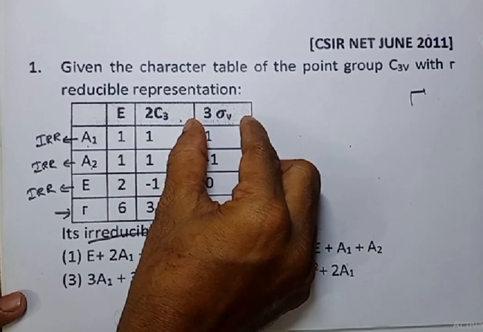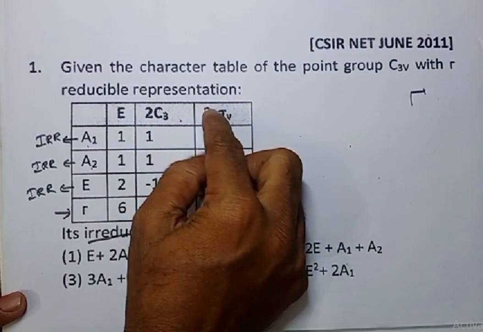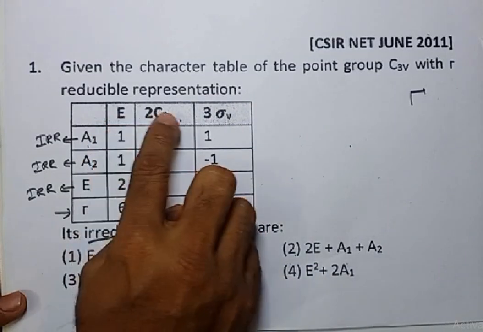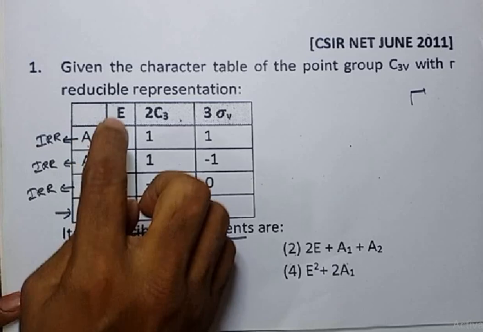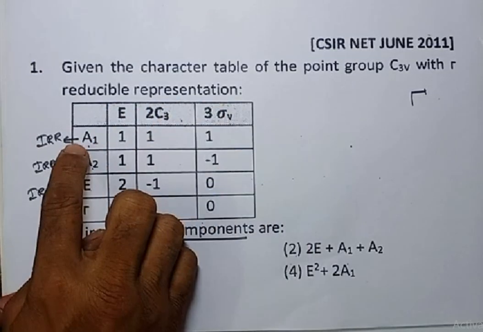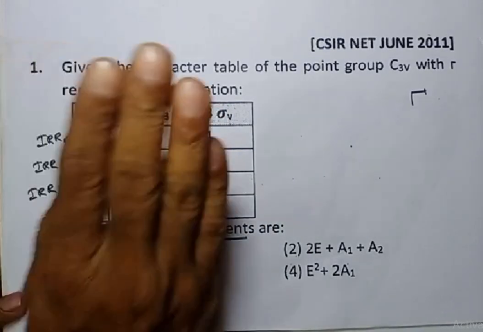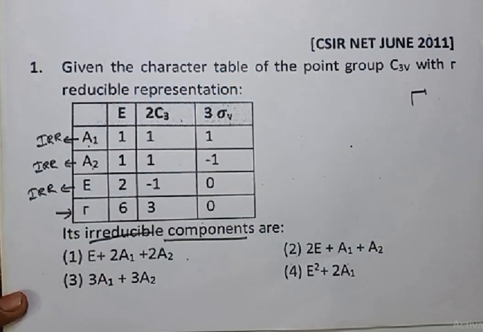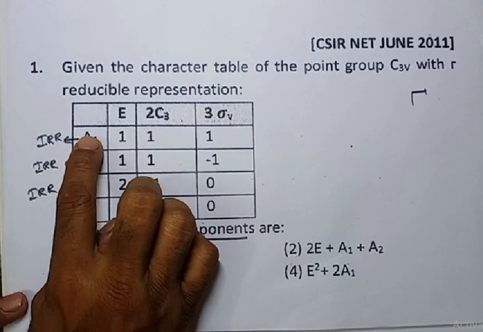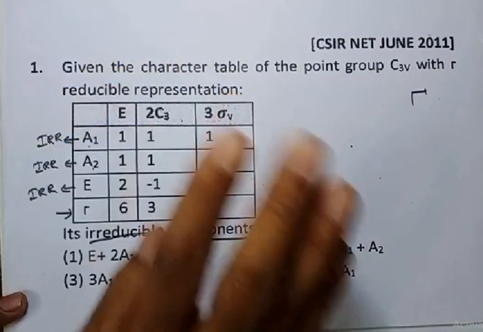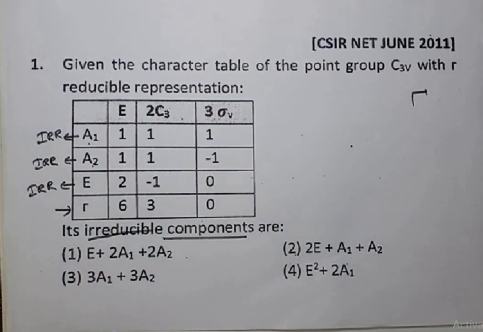Sigma v1, sigma v2, sigma v3: the 3 sigma v form another class. Remember, in a character table, the number of classes and the number of irreducible representations should be equal. Keep that in mind.